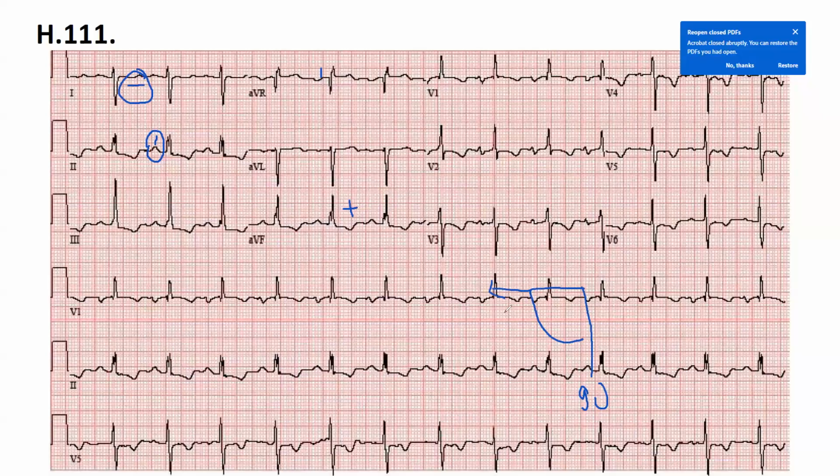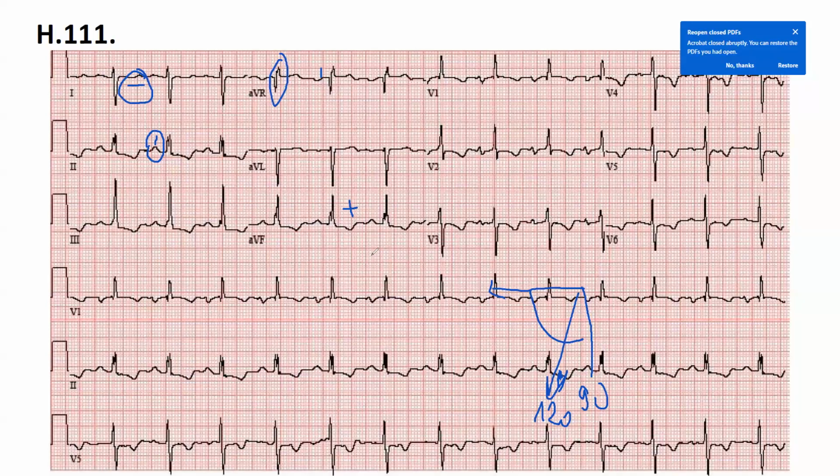AVR is then a little bit negative, so it's close to 120. So we do have a right axis deviation, at least.